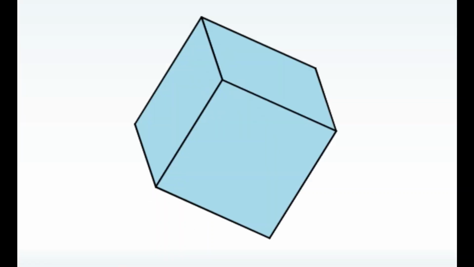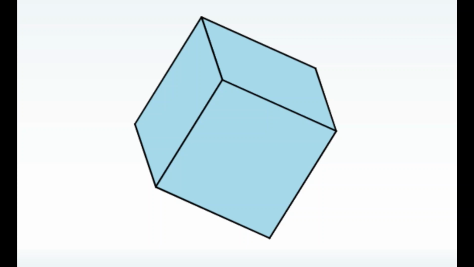So now that we know that a cube has six faces, let's take a look at the number of edges that a cube has. And the edges are basically what it sounds like. It's the edge of the shape. So what I'm highlighting here and here and here, these are the edges of the cube.